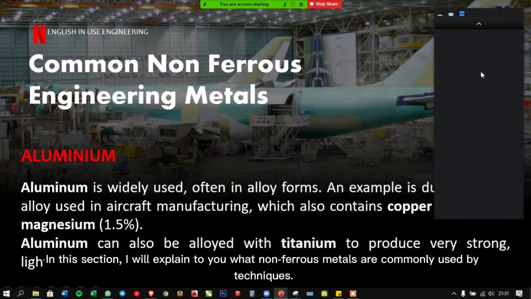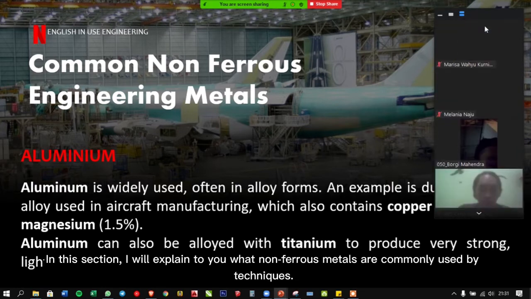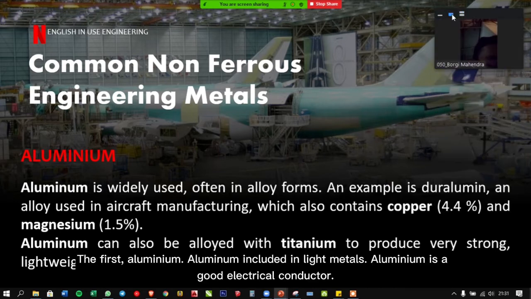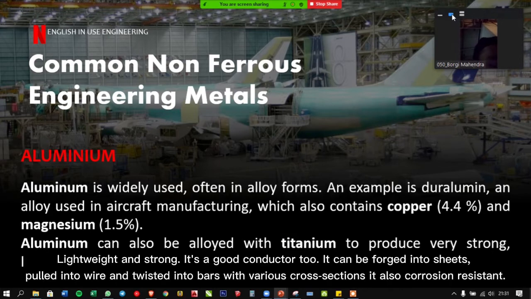In this section, I will explain to you what non-ferrous metals are commonly used by technicians. The first is aluminium. Aluminium is included in light metals. Aluminium is a good electrical conductor, lightweight and strong.